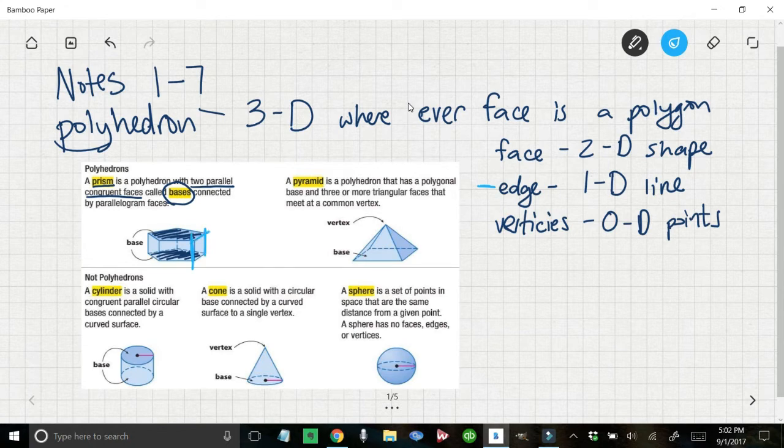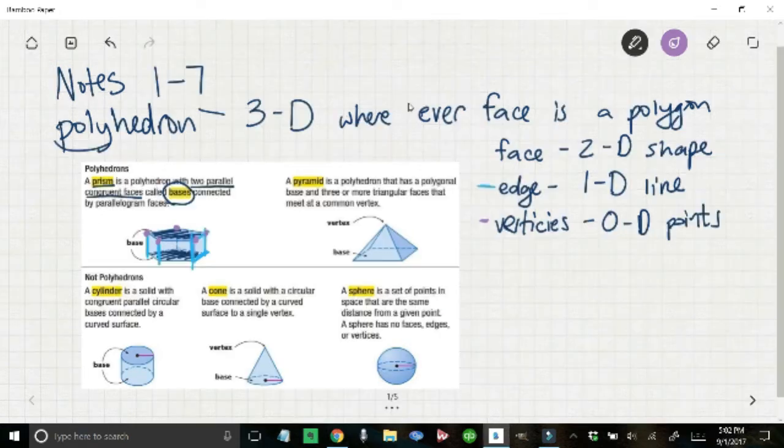So the edges here would be all of these line segments that are shown. You can see some of those line segments there. And then these vertices would be like the points or the corners. All of these would be vertices for this prism.